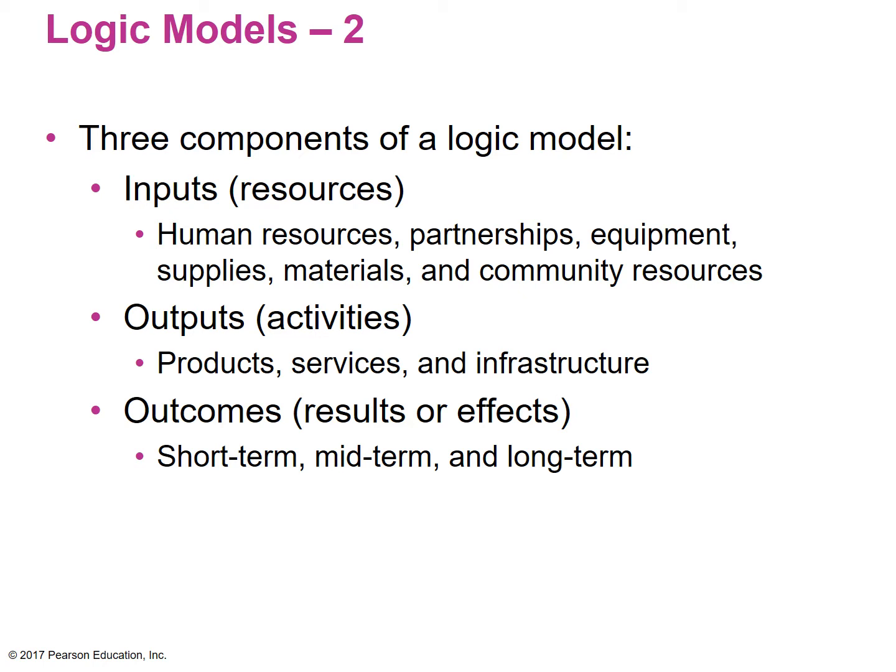If you had an objective statement like, by the first 3 weeks of program implementation, all participants will have increased their physical activity levels by 50%, that's going to be a short-term outcome. So what you would put in there is increase physical activity levels by 50%. That's the outcome that you're shooting for.